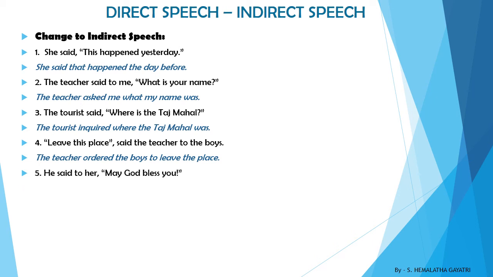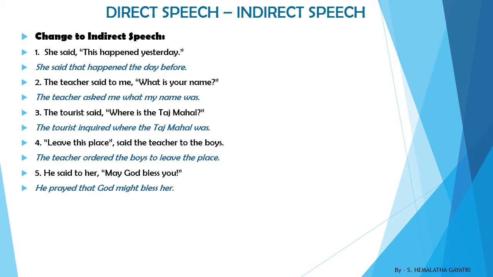He said to her, may God bless you. Okay, he said to her, may God bless you. Maybe he is praying or he is asking for a blessing from God. We'll see how we can change this. He prayed that God might bless her. This might seem something very different. The her is coming at the end, but here you have to understand the context.